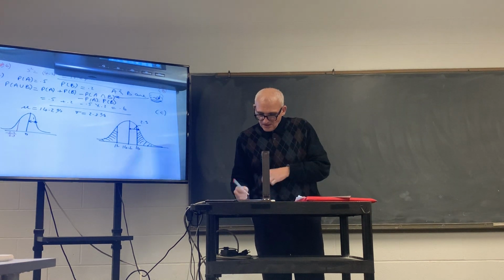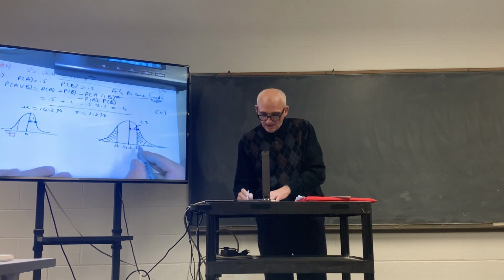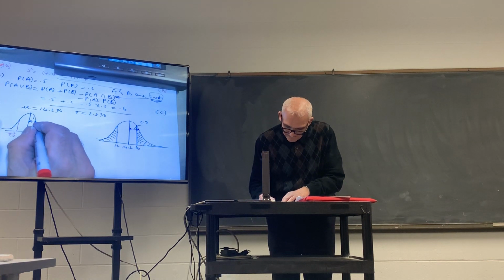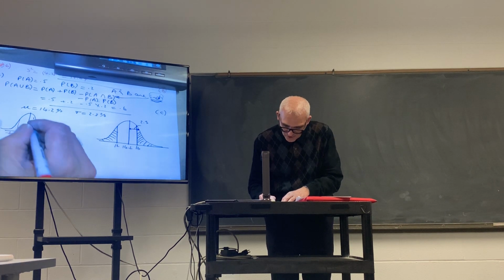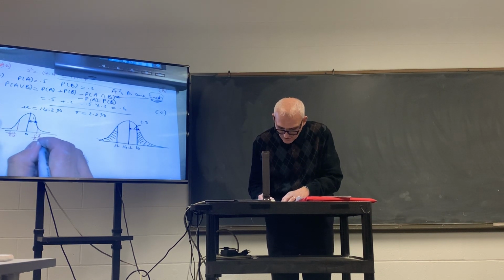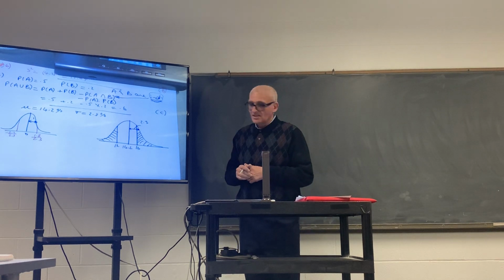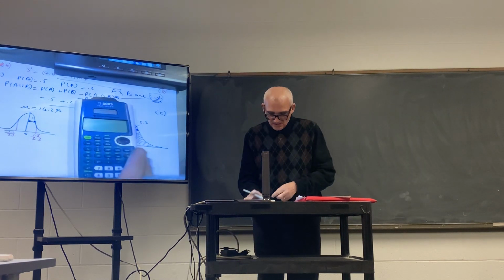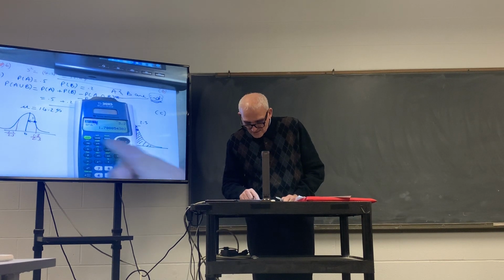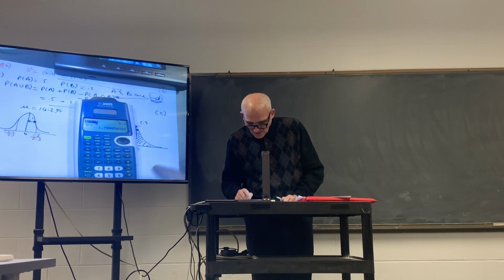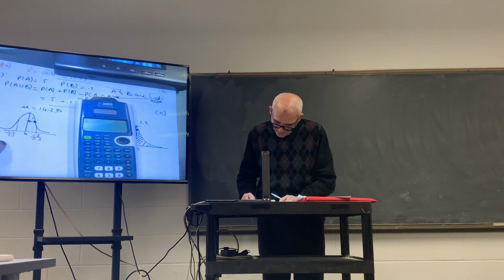And the 16, which is 1.8 above, would be 1.8 over 2.3. It doesn't matter, it's not to scale. So I'm going to use my calculator. What is negative 2.2 over 2.3?